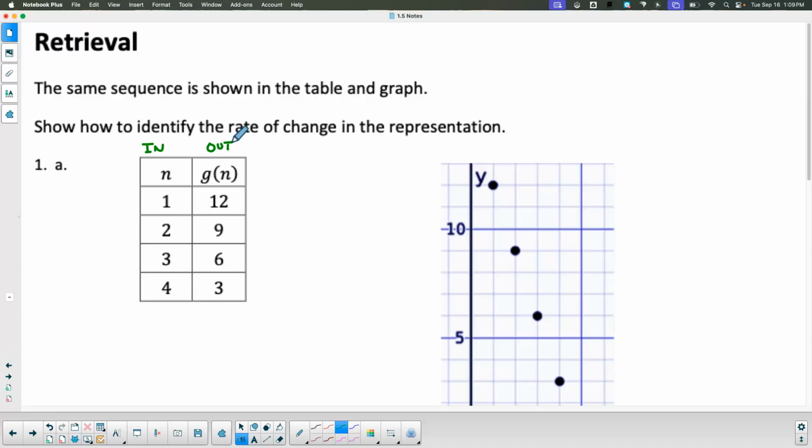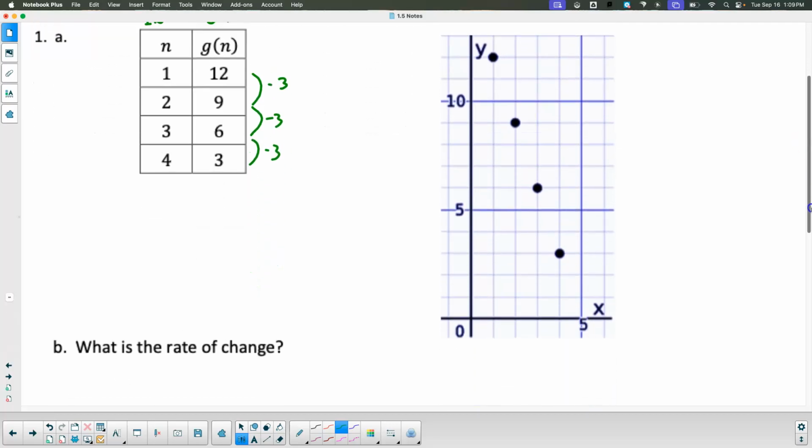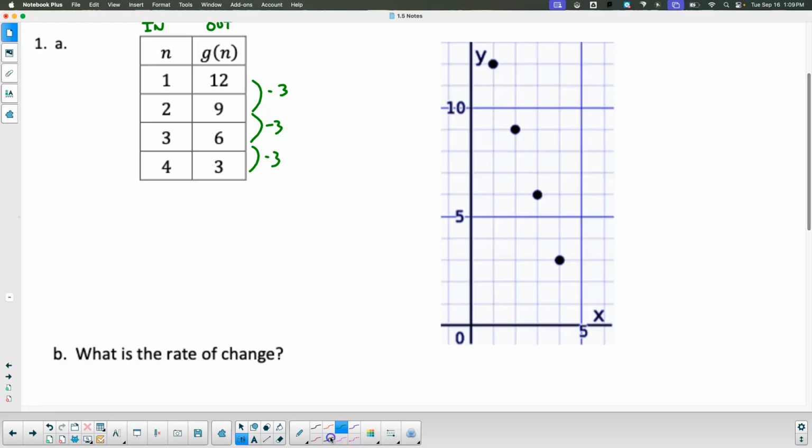So we're really looking at that output column. And we're looking at whether there's a constant rate of change going from consecutive inputs. Is there one on this one? What is it? Subtracting 3 each time, right? Okay, I like that. And so that would make our rate of change for this one -3.